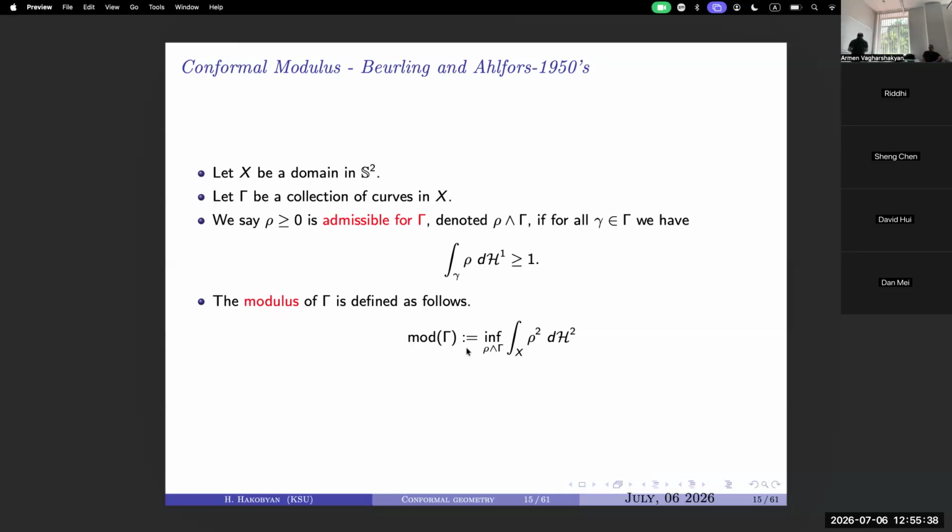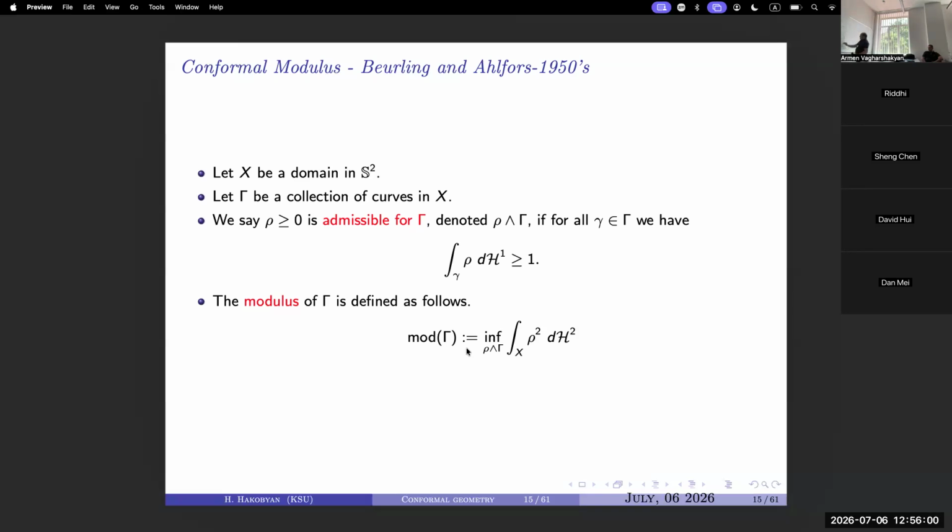It means the following. Suppose you have a function from one domain to another, which is conformal, right? So let's say you have one domain and you map it to another domain. And let's look at the curve family which connects, let's say, E to F, right?